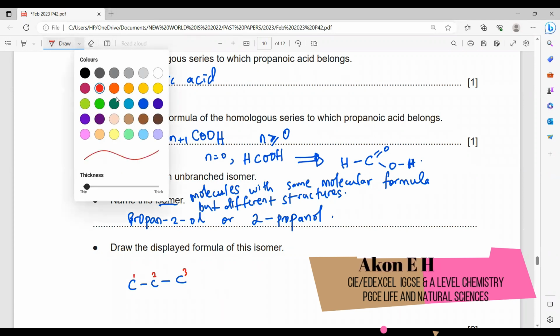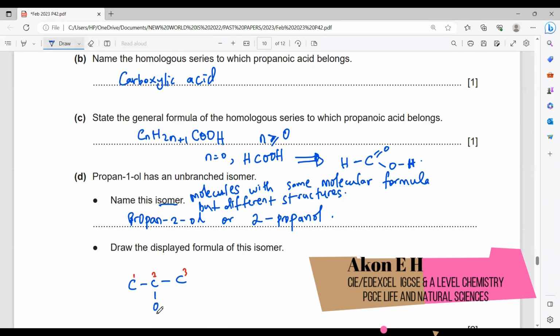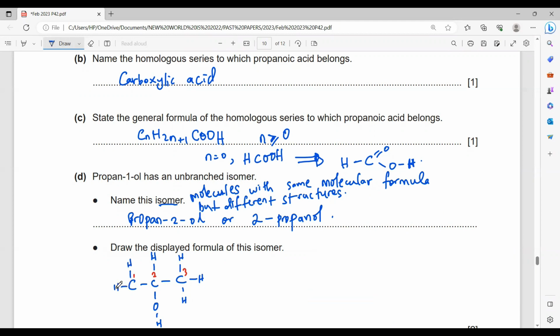The next thing is that the OH group is on carbon atom 2, so I'm going to put it there. Then you're going to have H here, H here. So that's propan-2-ol.